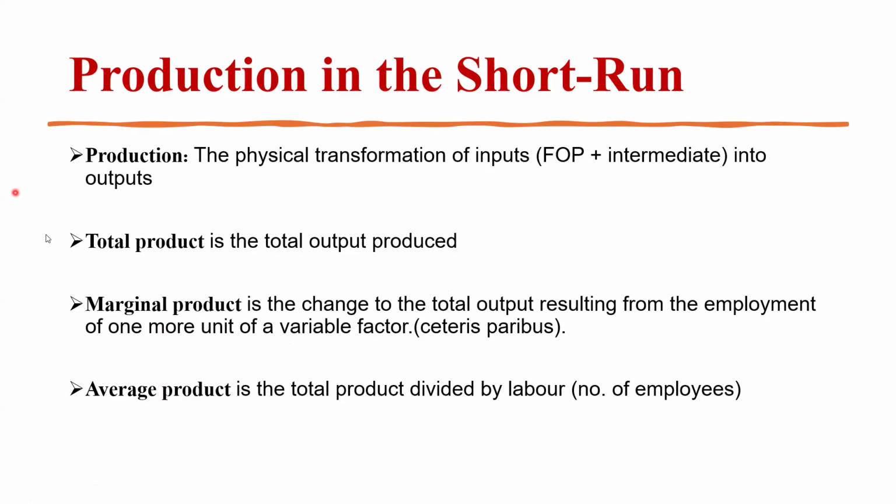You can also find the definition of this here. The formula to calculate marginal product will be total product over the quantity of labor, right? The quantity of labor, meaning the people that have been employed, the additional person that has been employed.